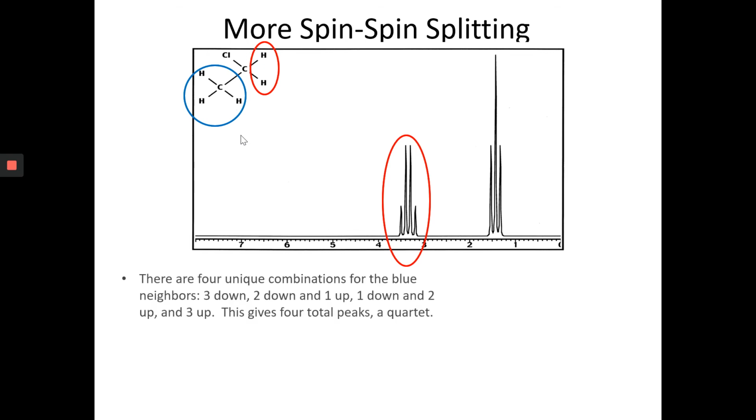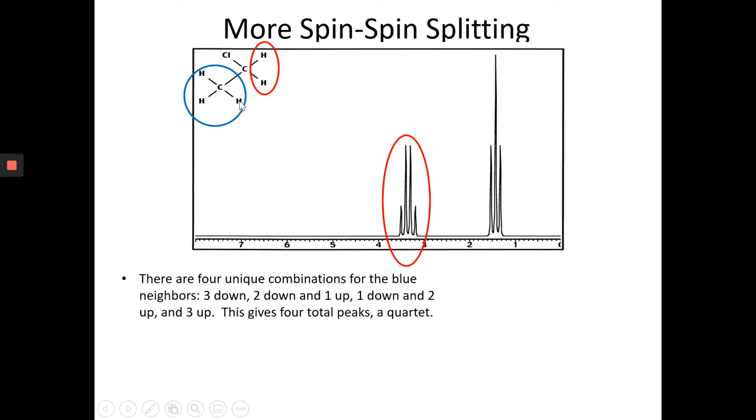There's 8 total, right? They could all be up. There's one way that that could happen. They could all be down. There's one way that that could happen. You could have 2 up and 1 down, but there's 3 different ways that you could have 2 up and 1 down, right? That one could be down, or that one could be down, or that one could be down, right?